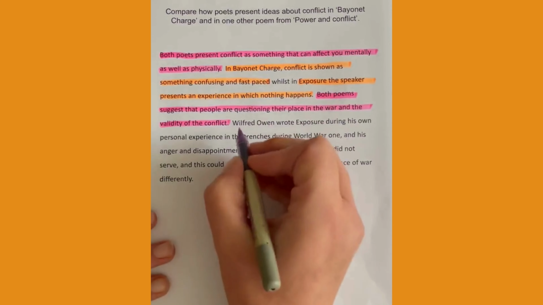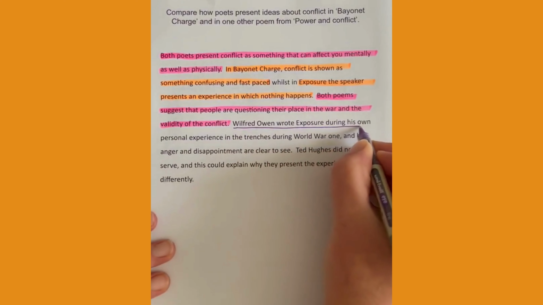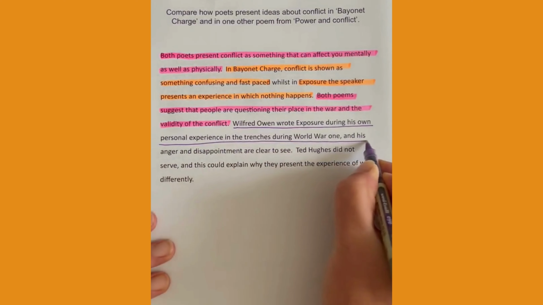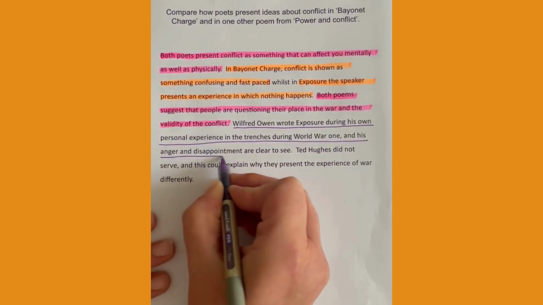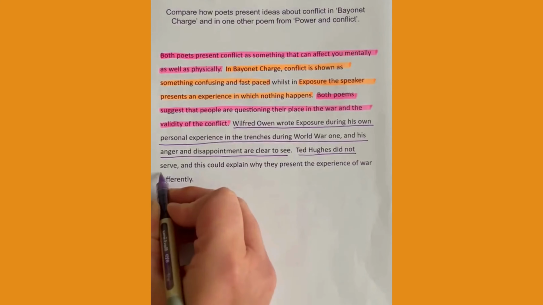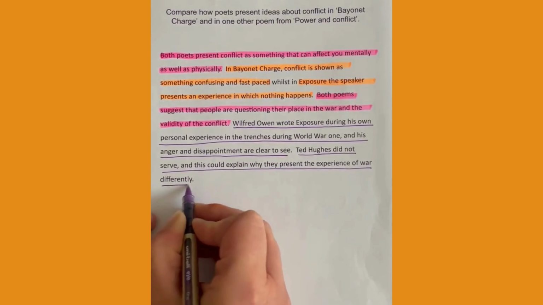Then we take that one stage further and we show what we know. Wilfred Owen wrote Exposure during his own personal experience in the trenches during World War I, and his anger and disappointment are clear to see. That's a personal response to that poem. Ted Hughes did not serve, and this could explain why they present the experience of war differently.